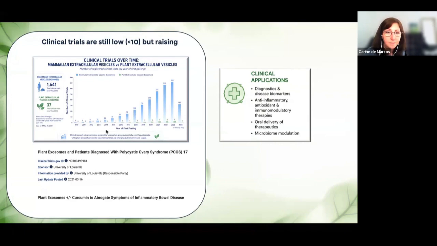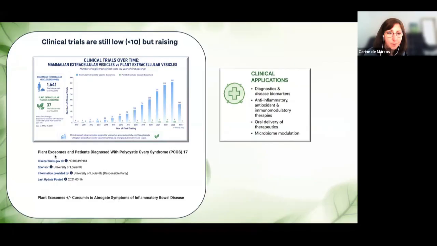So we are about 10, 15 years behind the mammalian field, but they are starting to be increasingly popular because a lot of these plant vesicles have been shown to have some bioactivity on cellular extracts. And so many people now want to try them in clinical trials.